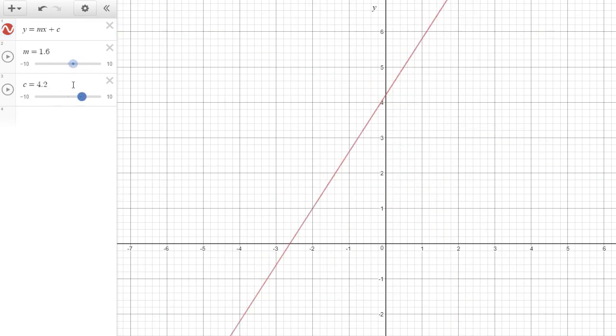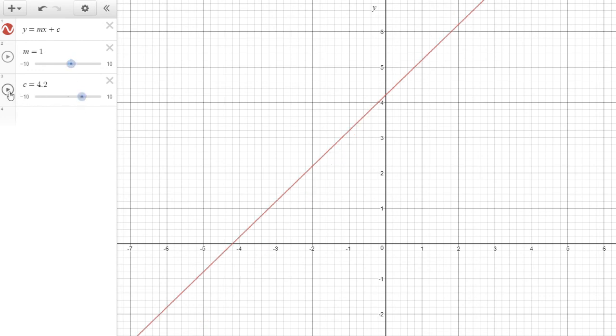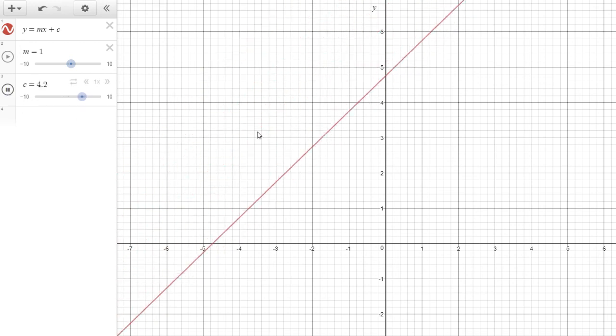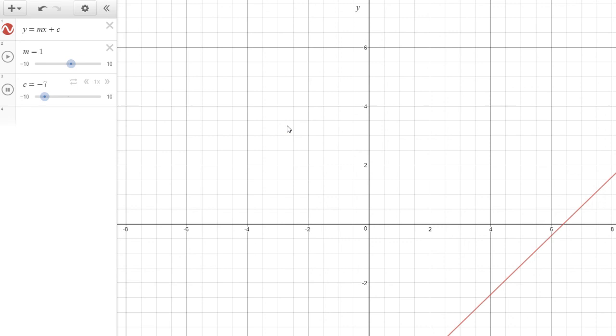Okay, so let's leave the gradient equal to 1, and we'll let c slide. You can see it sliding up and down there.